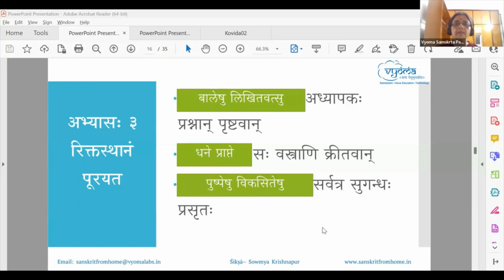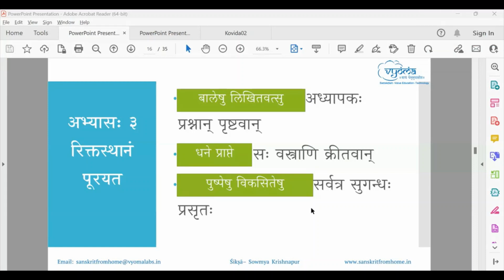Baleshu likhatvatsu adhyapakah prashnan prishtvan. When the students wrote, the teacher asked the question.